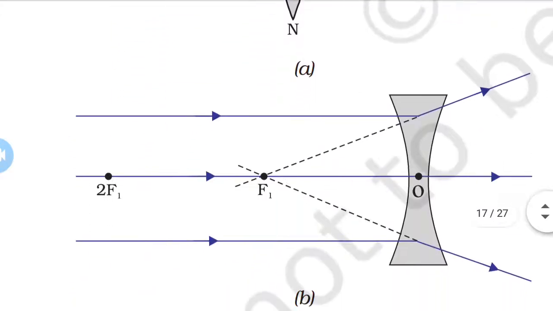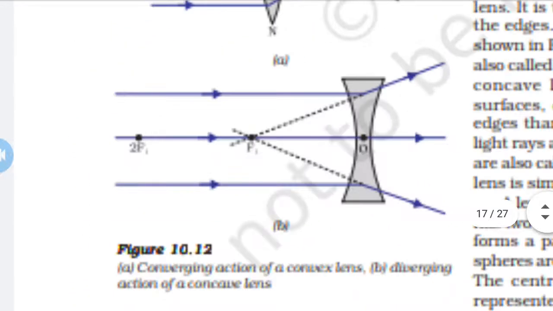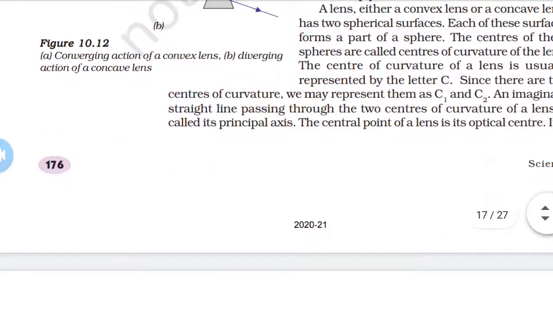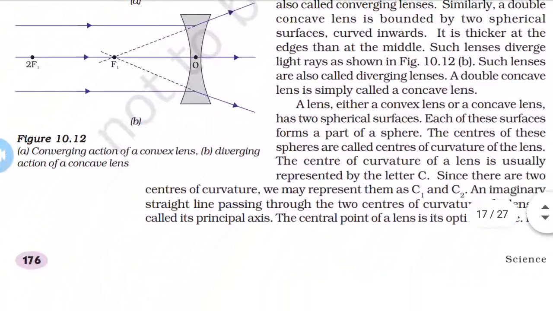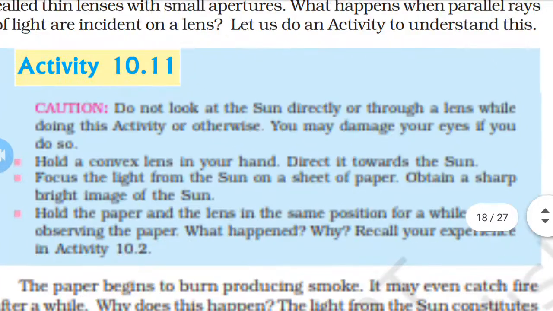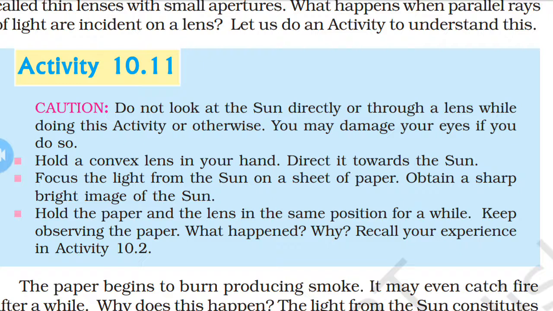Now we discuss Activity 10.11. For that we have to show the converging nature of a convex lens and find its focal length. The procedure is like this.